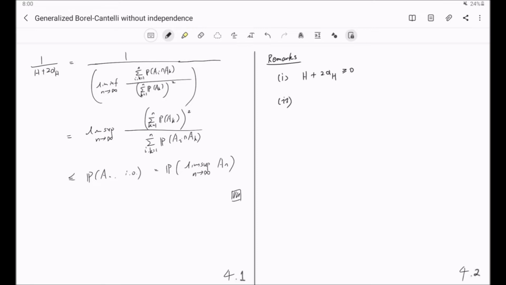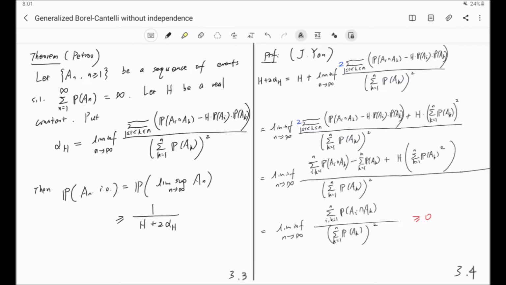And second, if you look at the conclusion of our theorem, which says the probability of A_n happening infinitely often is greater or equal to 1 over h plus twice of opposite h, you see from here that this reciprocal of h plus twice opposite h must be bounded above by 1.